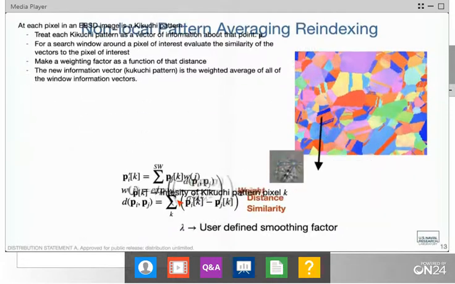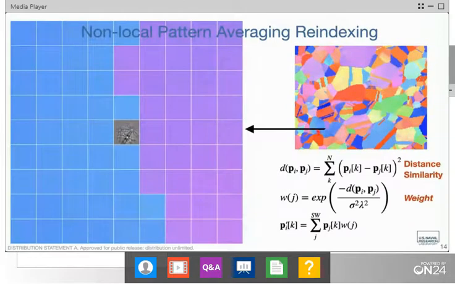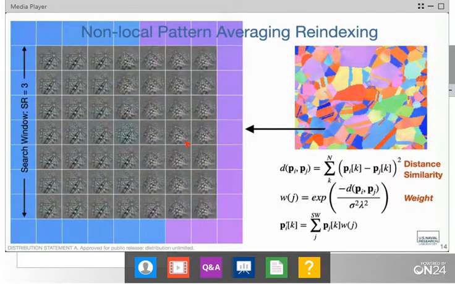Here, I've extracted a point right along a grain boundary, and so the patterns on this side of the map should be very similar. These over here will be very different. If I show you all those patterns, if you look closely, the patterns within the purple grain are quite a bit different than the patterns within the blue grain.